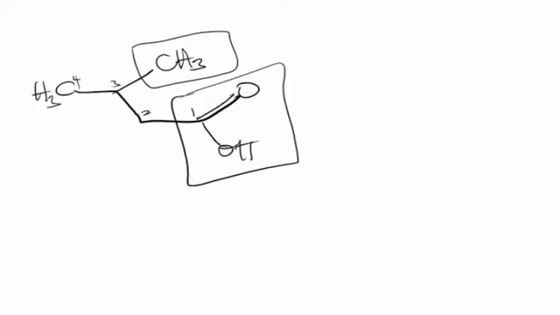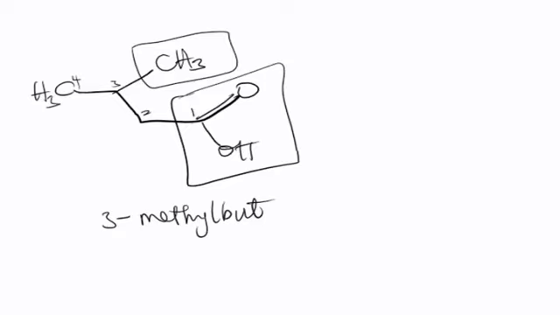So if I want to name this compound, this is methyl here, so I have 3-methyl, and this is a 4-carbon alkane, which is butane, right?